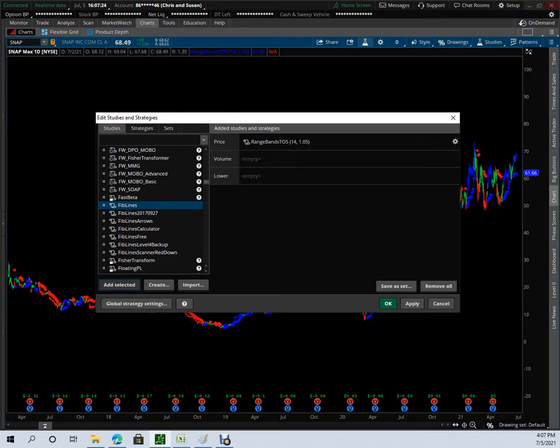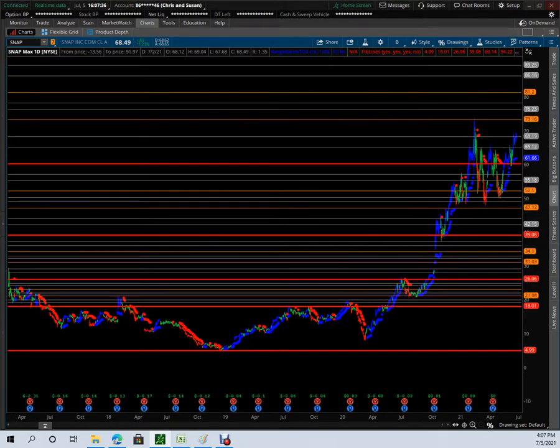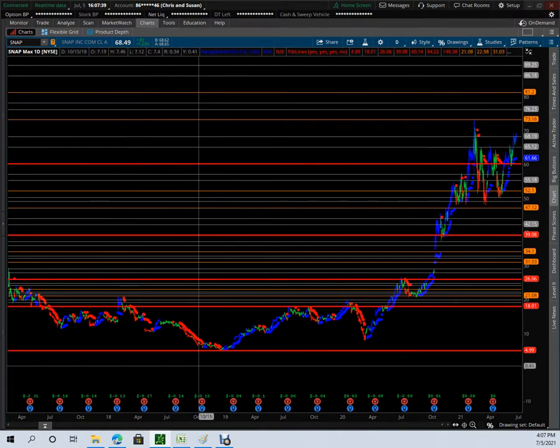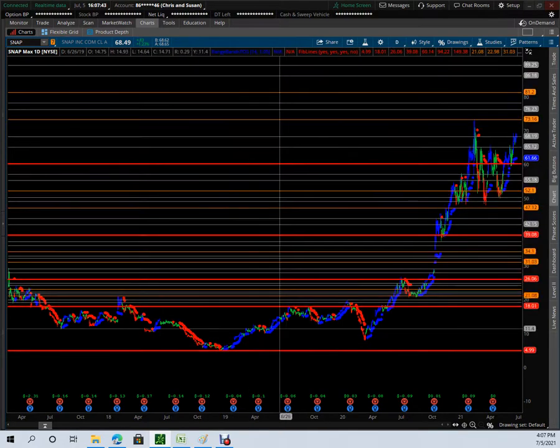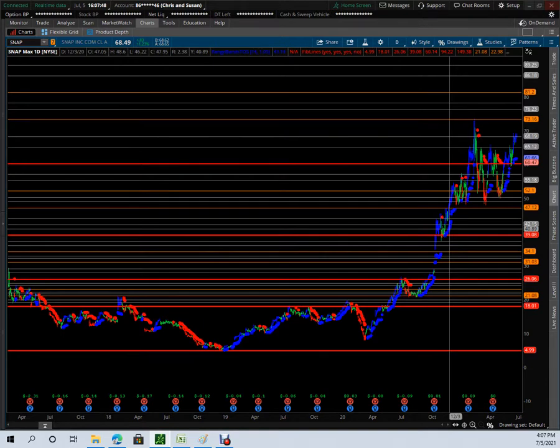So it's a combination of a technical study, in other words, straight calculation, and also the levels themselves. The levels are actually embedded in the indicator. In other words, for Snap, I have a table in here that says this is the 0 line, this is the 100% line. So all these lines are drawn for you automatically on about 200 different symbols, all your major symbols, your Dow 30, your NASDAQ 100, etc.